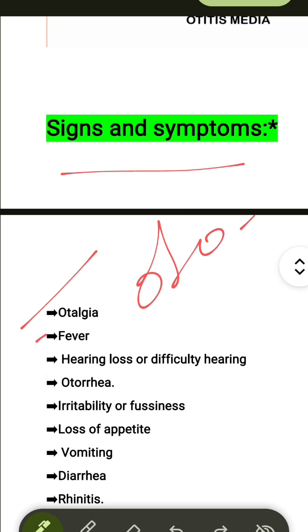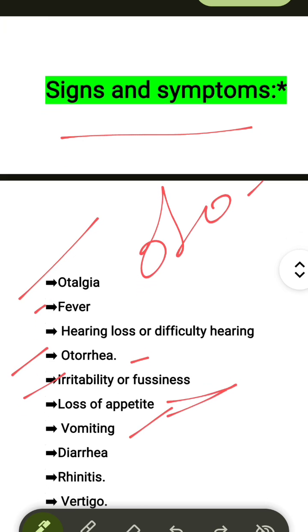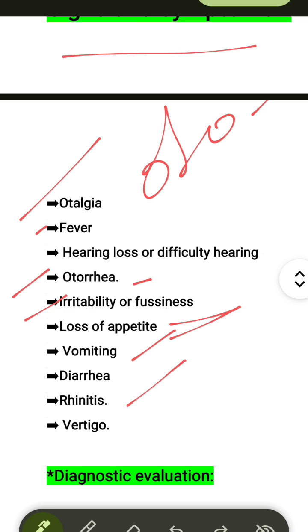Hearing loss or difficulty hearing, and otorrhea. Otorrhea means ear discharge will be there. And irritability, loss of appetite, the person will not feel hungry, vomiting, diarrhea, rhinitis, and vertigo. So these are the signs and symptoms or clinical manifestations of otitis media.